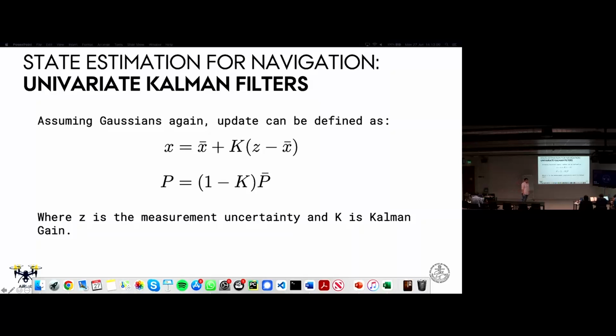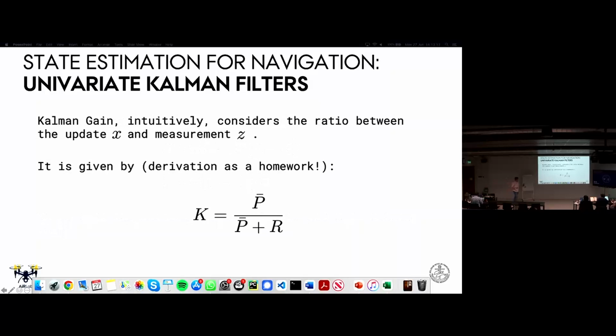The Kalman gain is the crux of the Kalman algorithm, mainly because, if you want an intuitive understanding of it, you can consider it as a ratio between how certain we are about the updated x and the measurement z. And again, you can derive it as homework if you'd like.